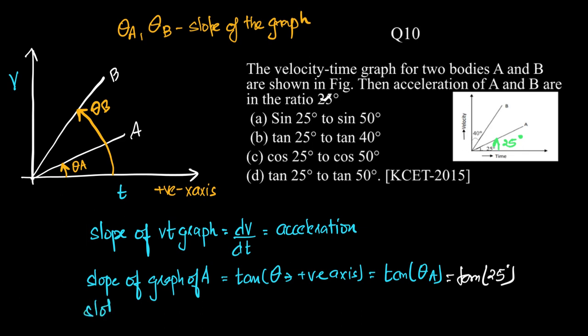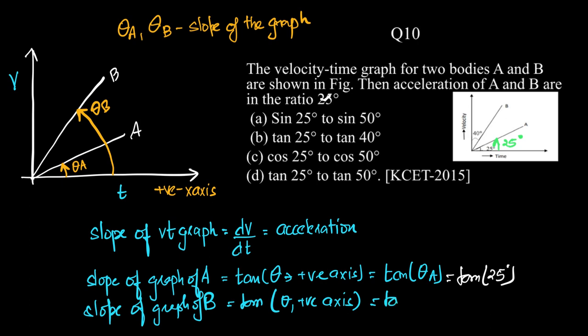Similarly, what is the slope of the graph of B? It is equal to tan of theta, which is made with the positive x-axis, which is tan theta B. That means we need to use theta B, but what is given in the question is not theta B, it is this angle, right? So this angle is given to be 40 degrees.